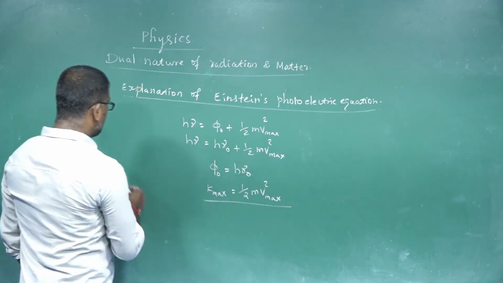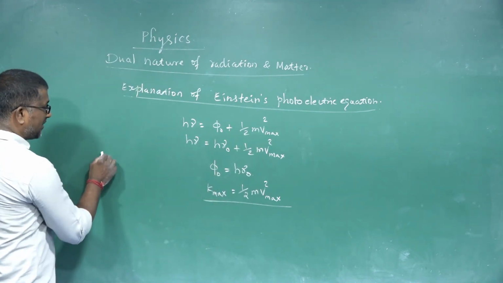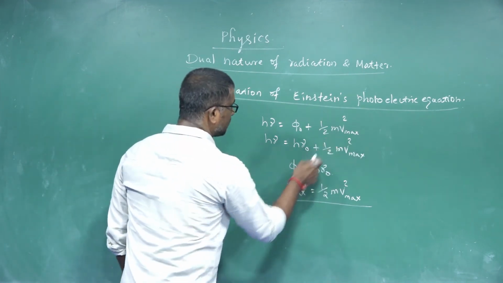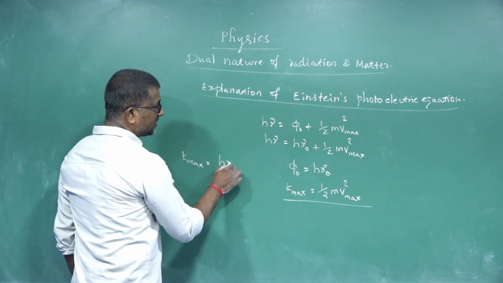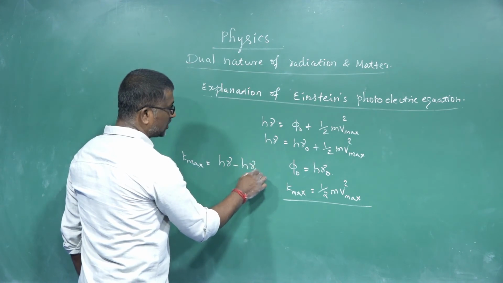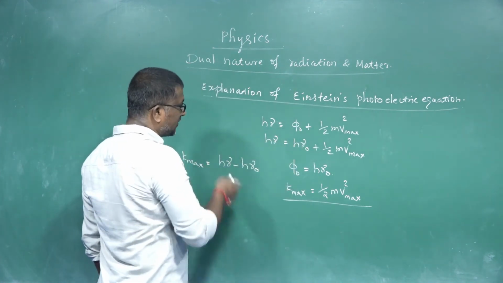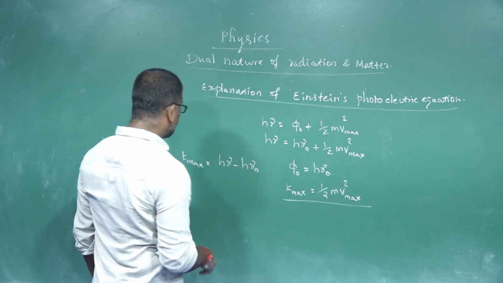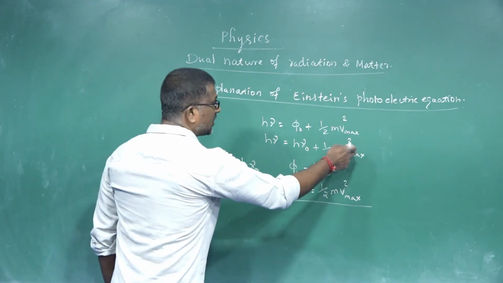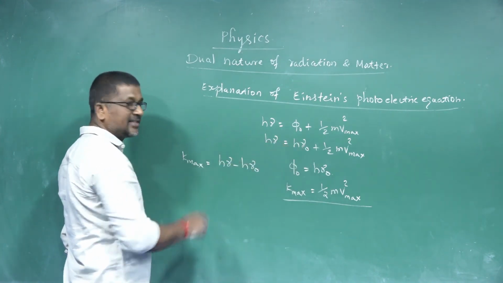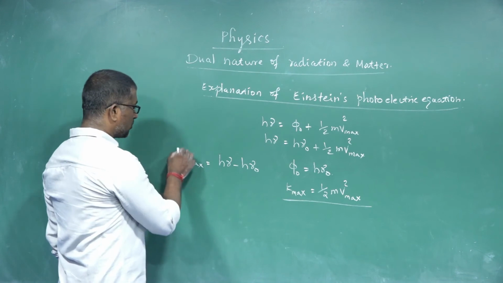Here, half m v squared maximum, or K maximum, is equal to h nu minus h nu naught. If h nu naught is taken to the left-hand side, the equation becomes K maximum, that is, instead of half m v squared maximum I am writing K maximum, equal to h nu minus h nu naught.